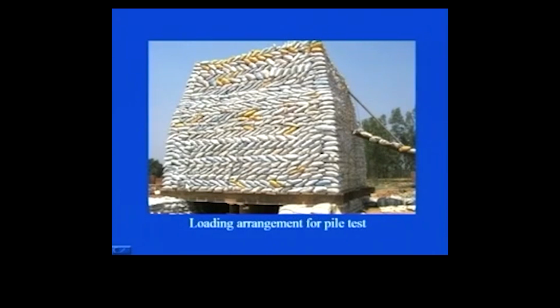Then the load which is coming from this arrangement to the loading platform should be uniform. There should not be any eccentricity, because if eccentricity is there, the whole thing will collapse, and for the persons working in that test pit which is 2 meters deep, it can become catastrophic.